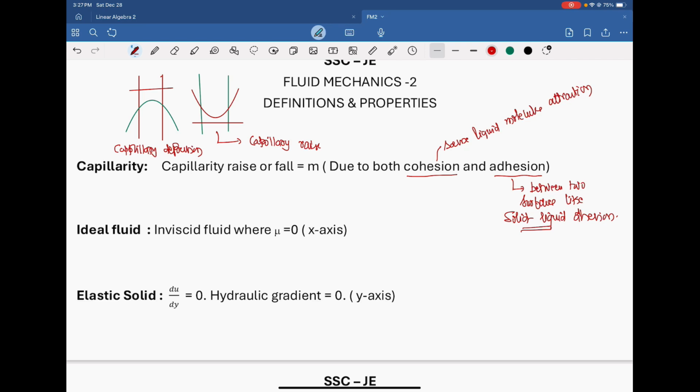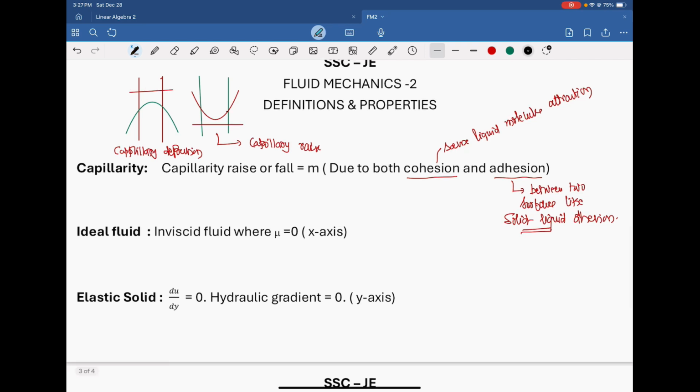This is due to this surface having adhesion and the liquid having cohesion. This solid surface and liquid surface, adhesion, and this liquid surface, cohesion.